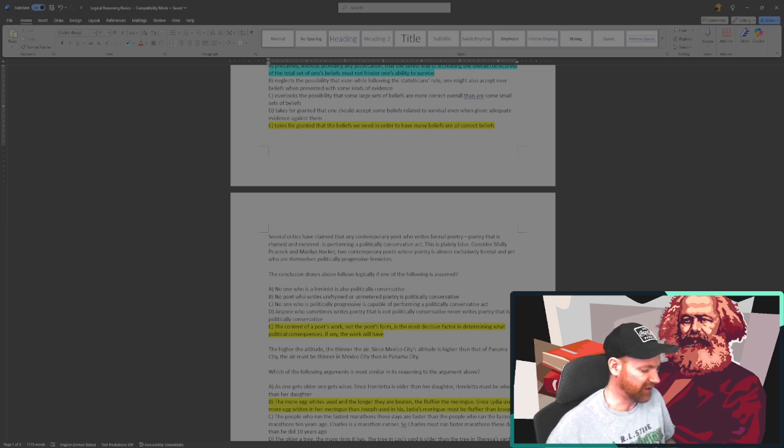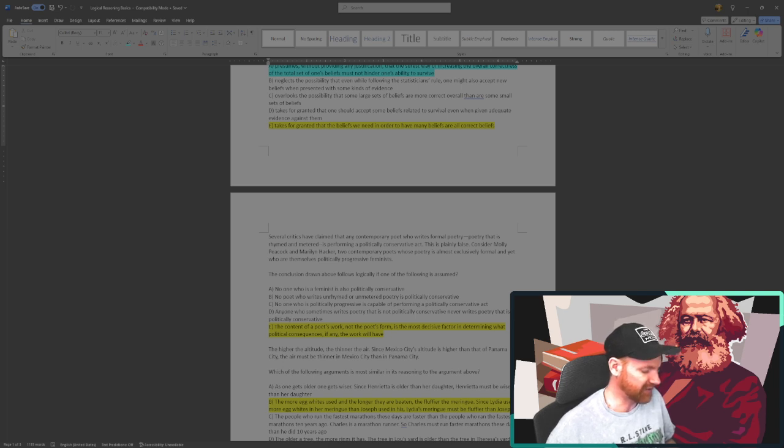A doesn't give us anything about the poetry, right? B is about other types of poets. It doesn't matter. C is interesting, would mean that these progressive feminists can't write conservative stuff. Leave it.